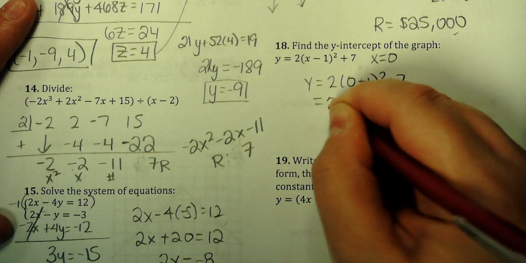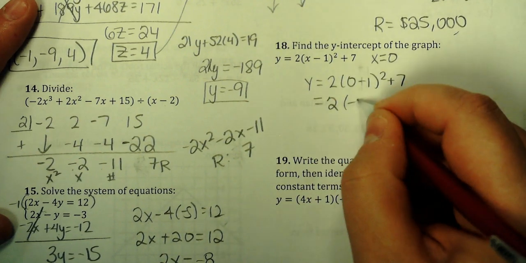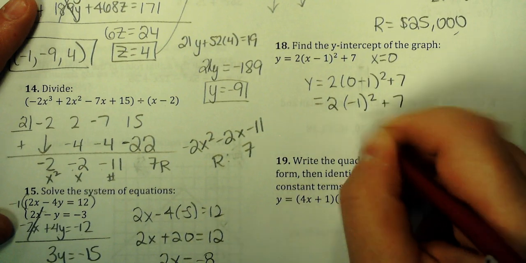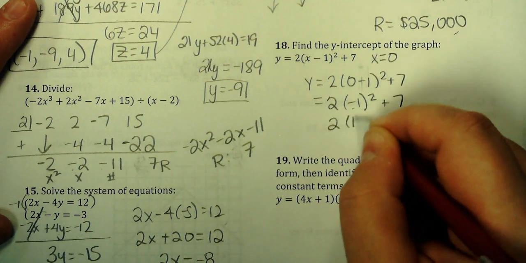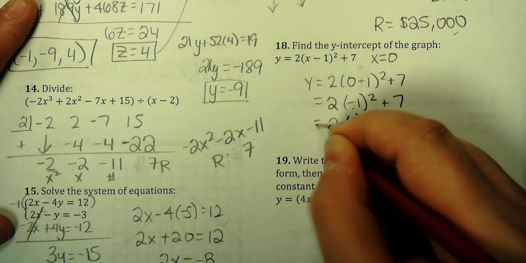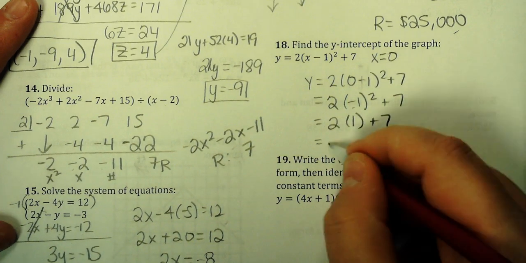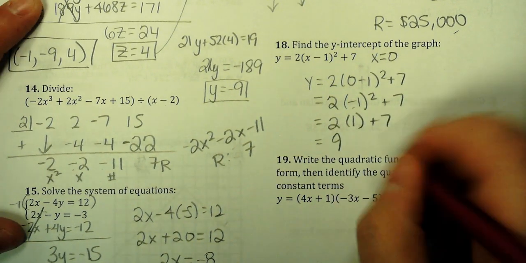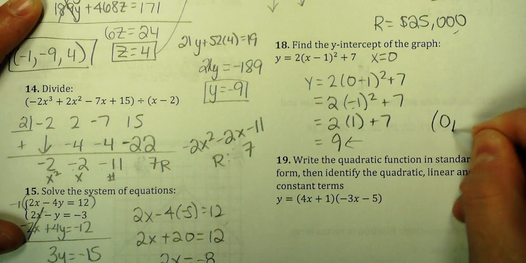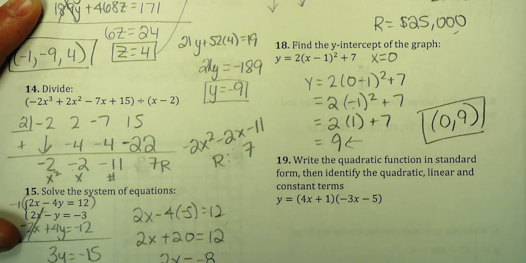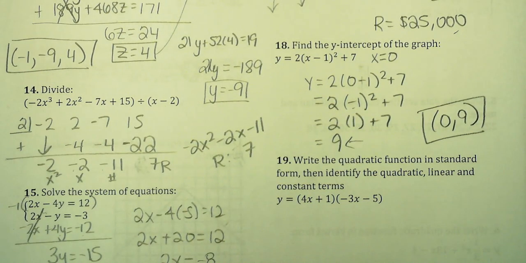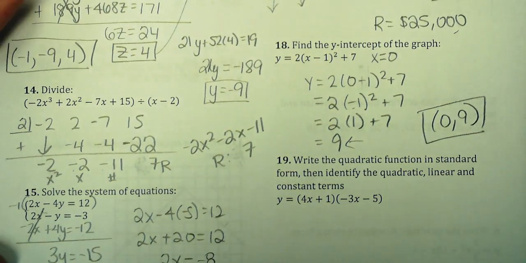I'm just doing my order of operations. 0 minus 1 would be negative 1. If you square negative 1, that becomes positive 1. So really all I have here is 2 plus 7, which would be 9. Now that's the y-coordinate. The actual point would be (0, 9), because we plugged in 0 for x. But anytime you're finding a y-intercept for any graph, plug in 0 for x and solve.